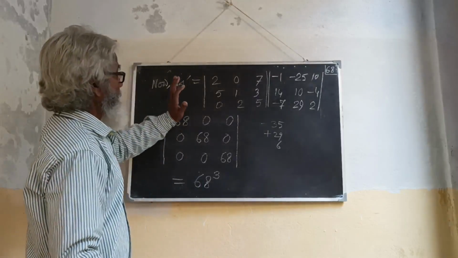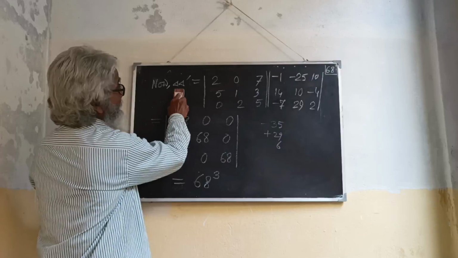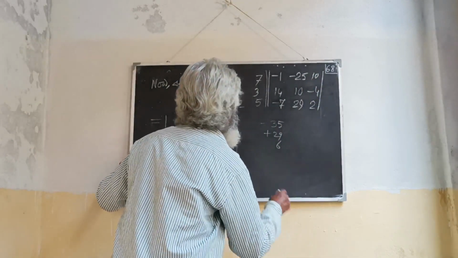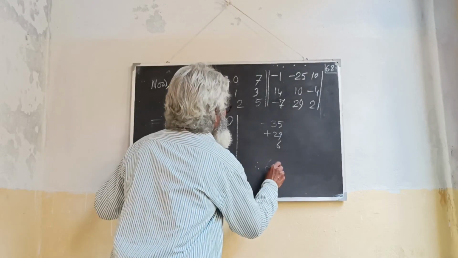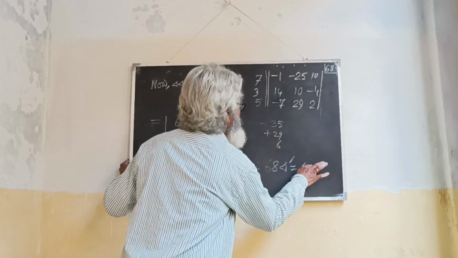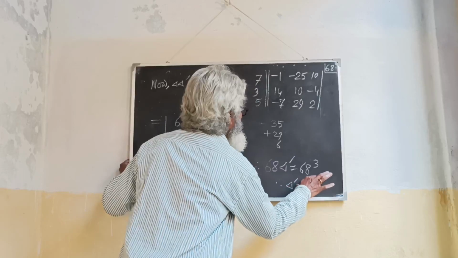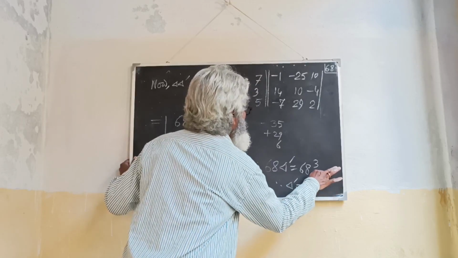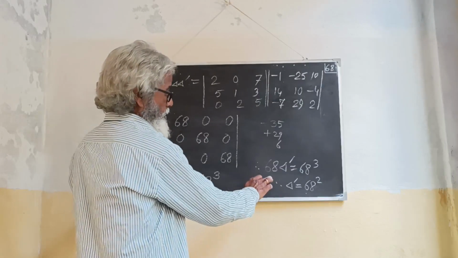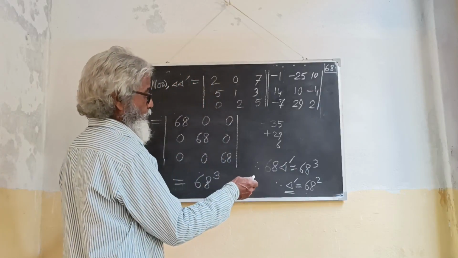So this is delta into delta dash equal to 68 cube. But what is the value of delta? It is 68. Therefore, 68 delta dash equal to 68 cube. Delta dash equal to 68 square. So, the adjoint determinant delta dash equals delta square.